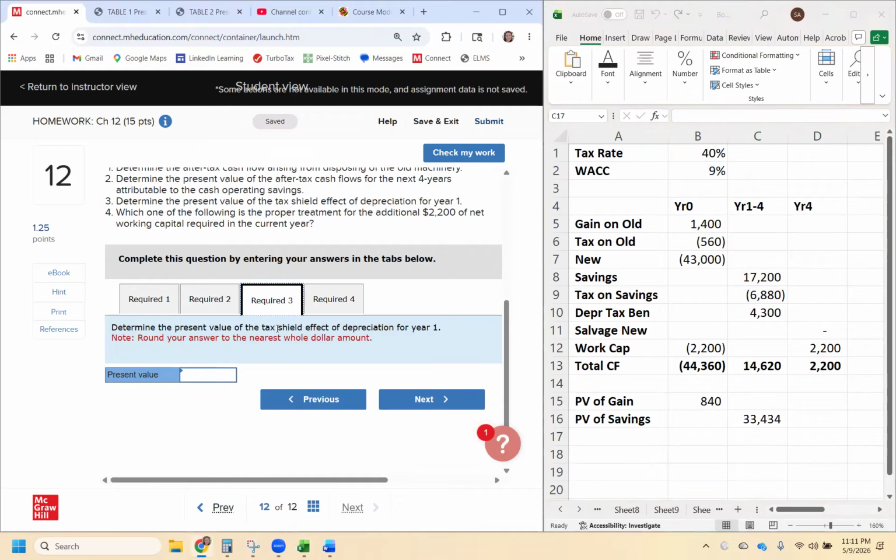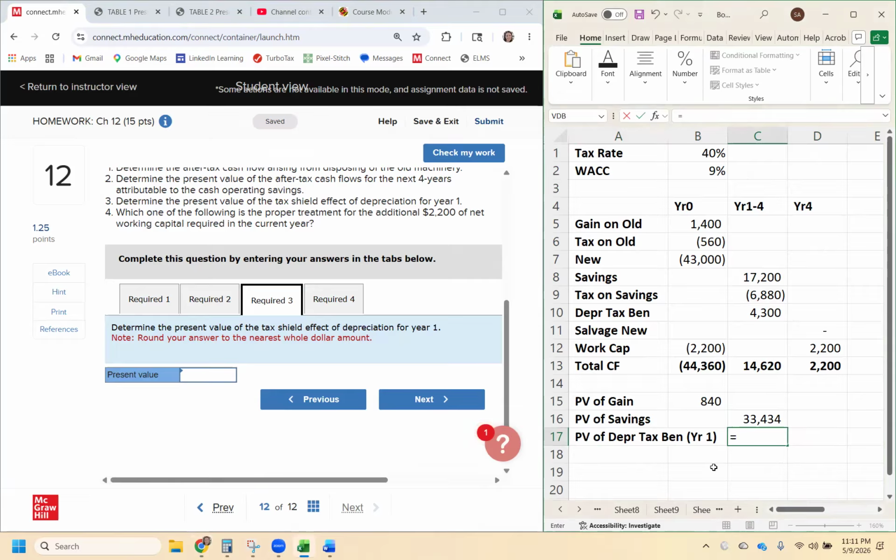Determine the net present value of the tax shield effect of depreciation for year 1. Okay, so this present value of depreciation tax benefit in just year 1. Okay, very weird.